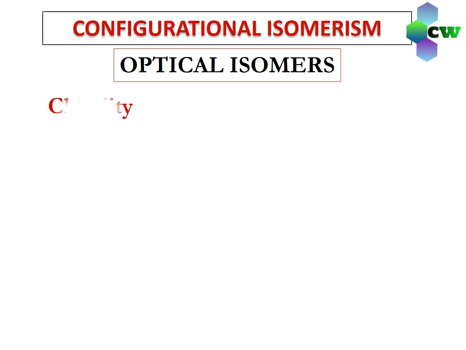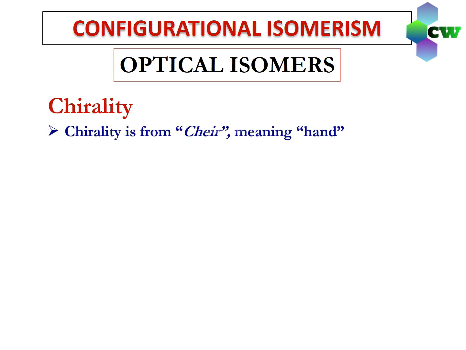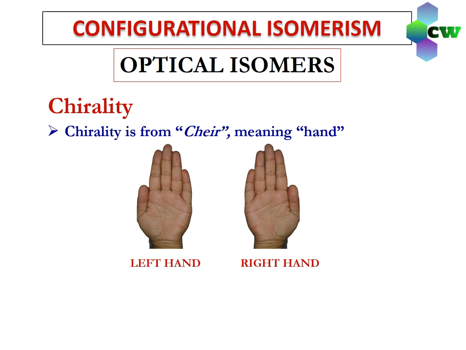Now, molecules which have this property are said to be chiral, or they are said to have another property which we call chirality. Chirality is derived from the word chir, meaning hand. So it basically means handedness. If you see your left hand and your right hand, they would look like this.